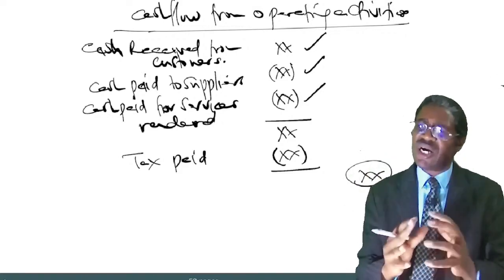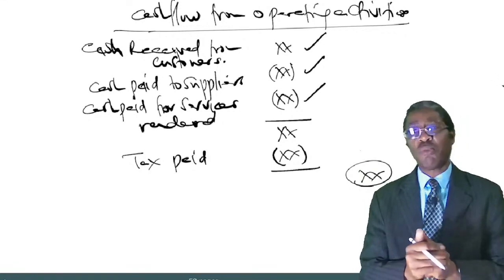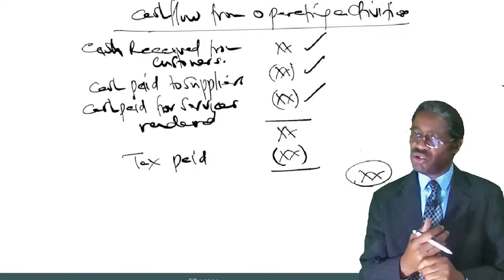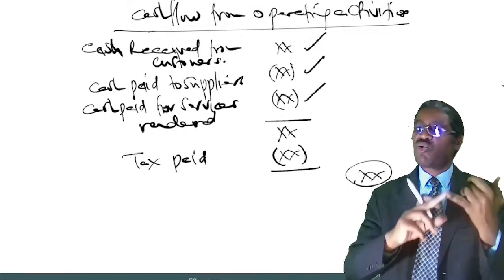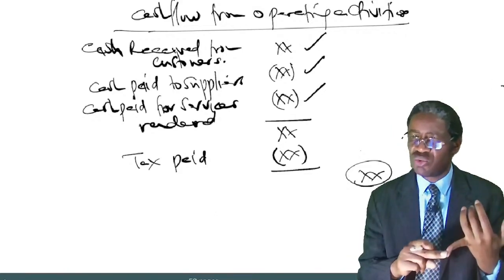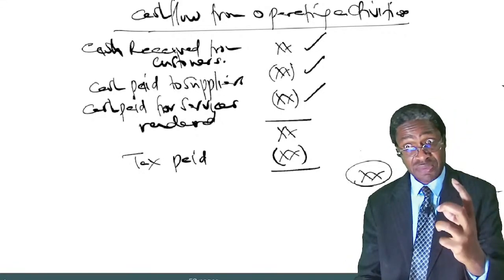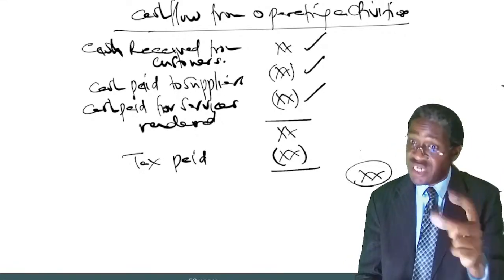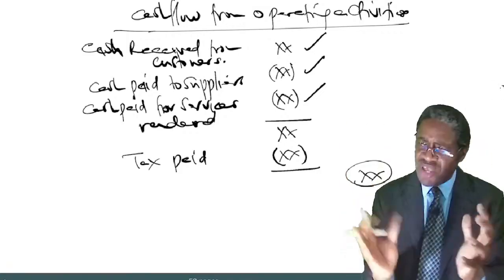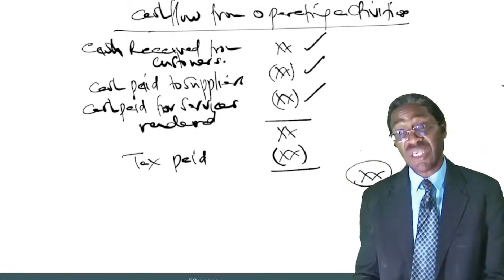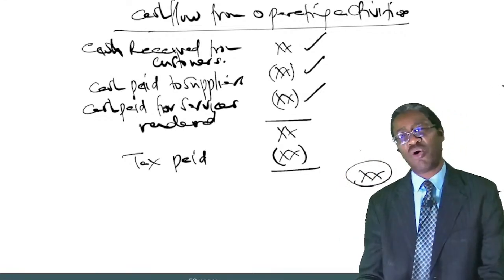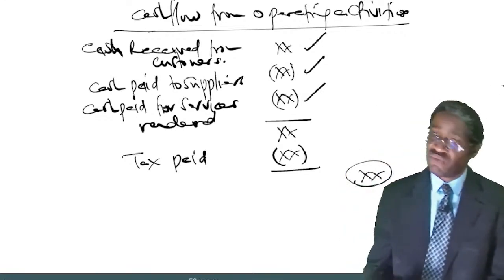From all your customers as a company, how much did you receive? There could be customers you sold goods to on cash basis, and customers you sold goods to on credit. From all of them, how much did you receive? That is the amount we are calling cash received from customers.